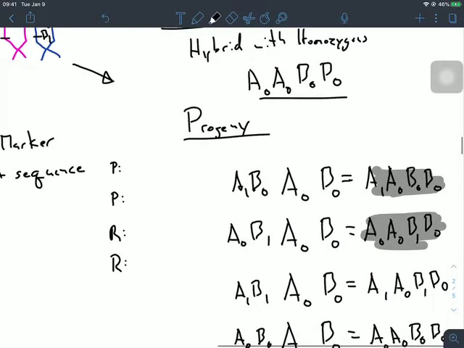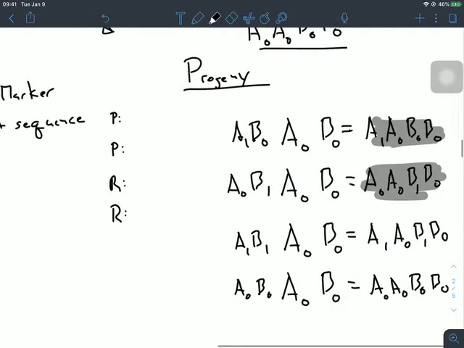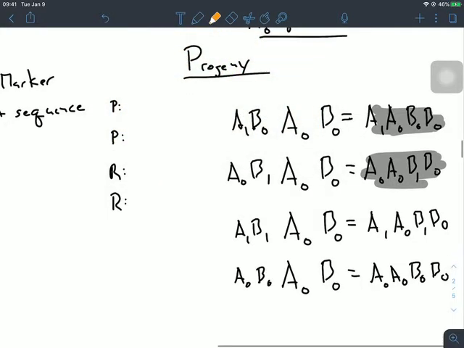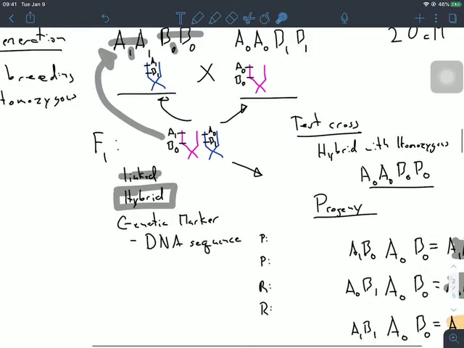So do not think that because my recombinants seem to have more matching with A1s and B1s and A0s and B0s, or all B0s here, that those are your parental types. These two at the bottom are your recombinant types because they reflect the inheritance from the parents.